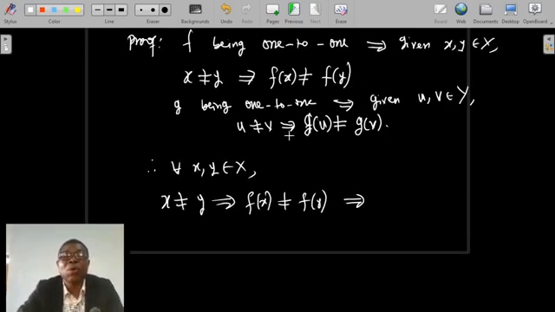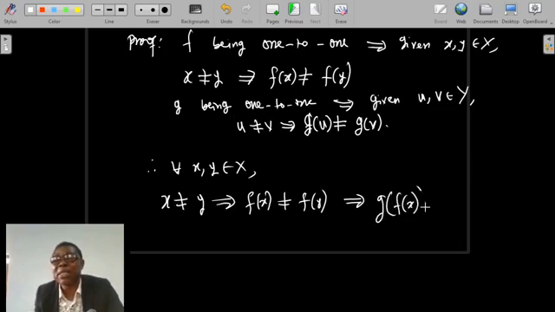So now, from what we are doing, since f is 1 to 1, x not equal to y implies that f of x is not equal to f of y, and f of x not equal to f of y will in turn imply that g of f of x is not equal to g of f of y.